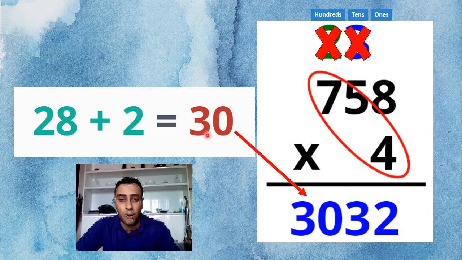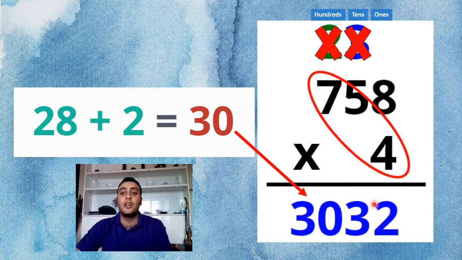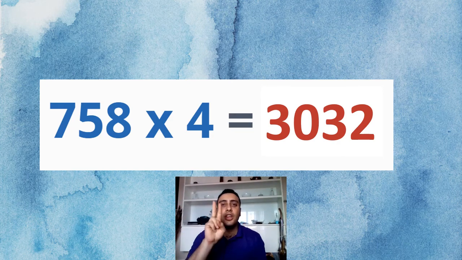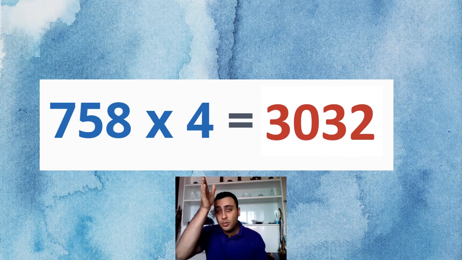Now we write the 30 down here. So now we have the answer of 758 times 4. The answer is 3032. See, even though it's a big number, when you write it in column, you can do it step by step.